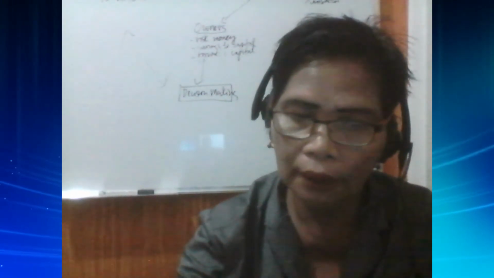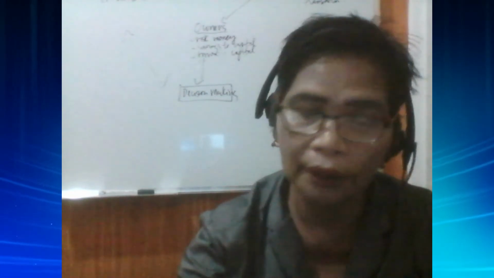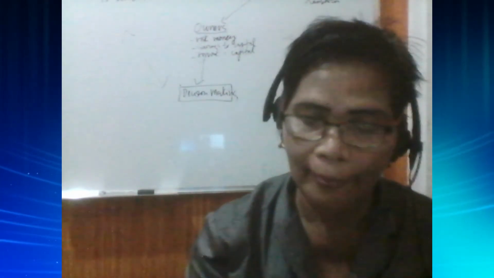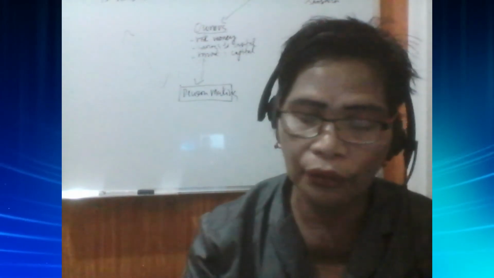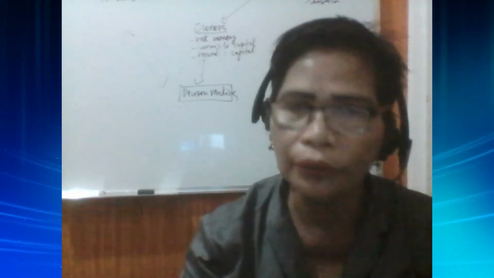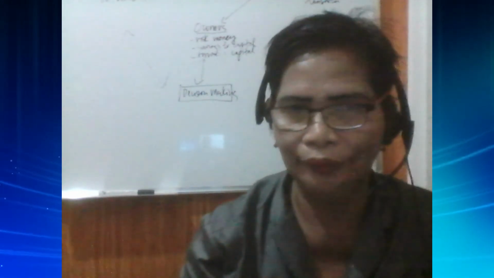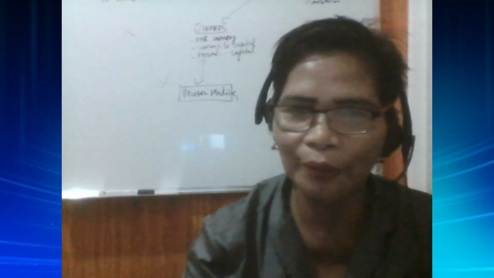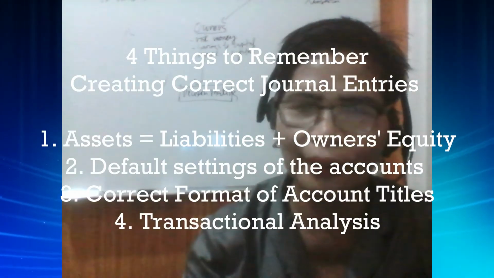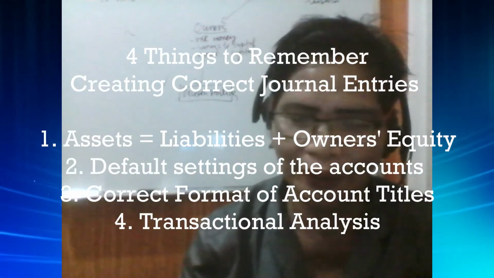So as I have said a while ago, we're just going to use the T account method in producing our journal entries. I would like to present to you the four items that we are going to master. And once you master these four, there is no question that you cannot make accurate journal entries.